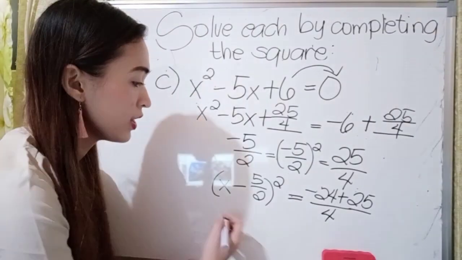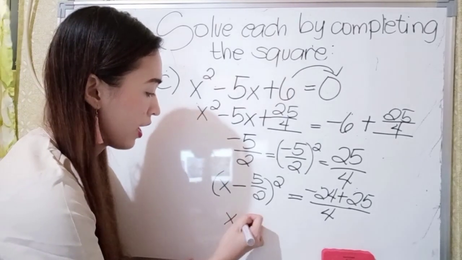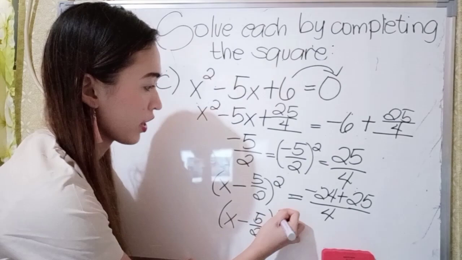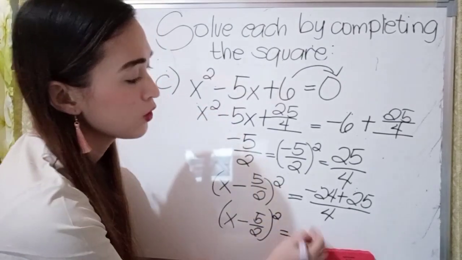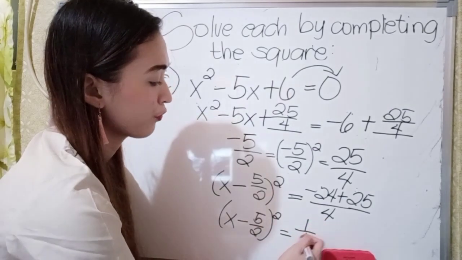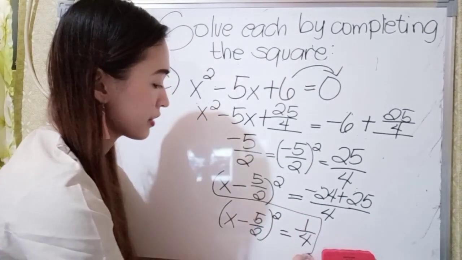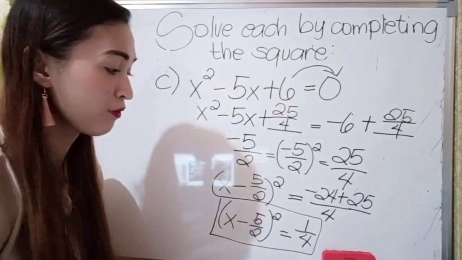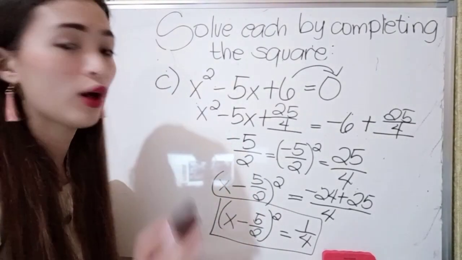Okay, let's proceed. So breaking down, x minus 5 over 2 squared equals, so negative 24 plus 25 is 1 over 4. So our final answer is the quantity of x minus 5 over 2 squared equals 1/4.